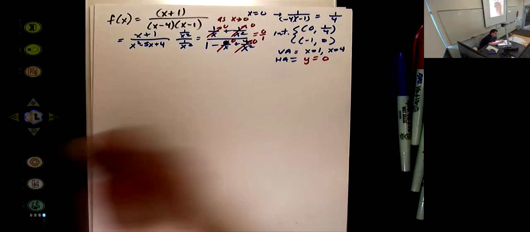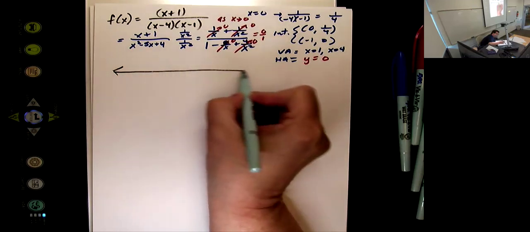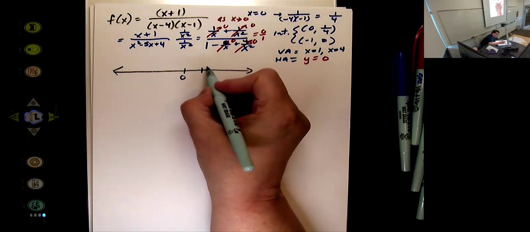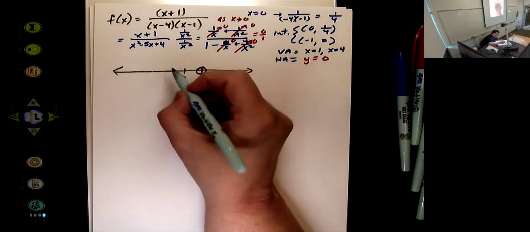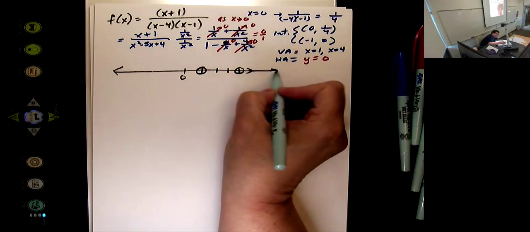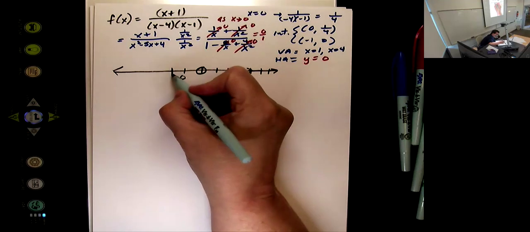Got your sign chart. One is an asymptote, so we have a hole. 4 is an asymptote, so we have a hollow point, I should say. And -1 is a solid point.